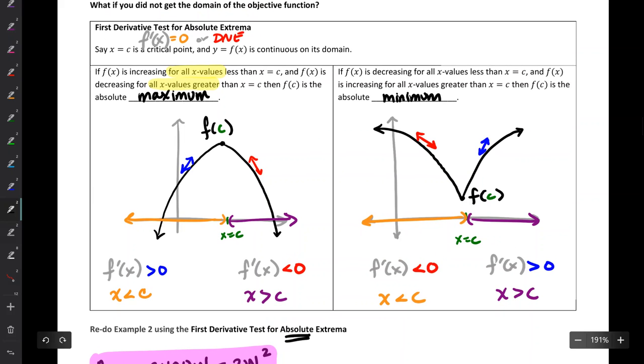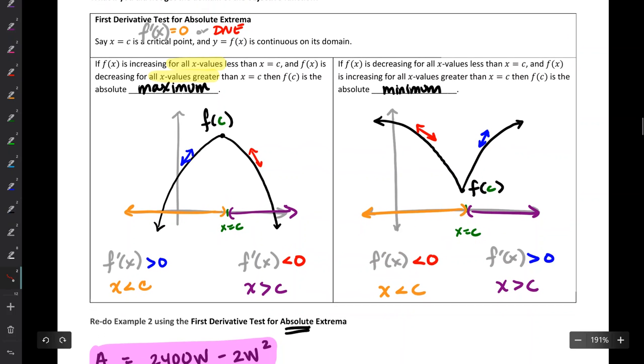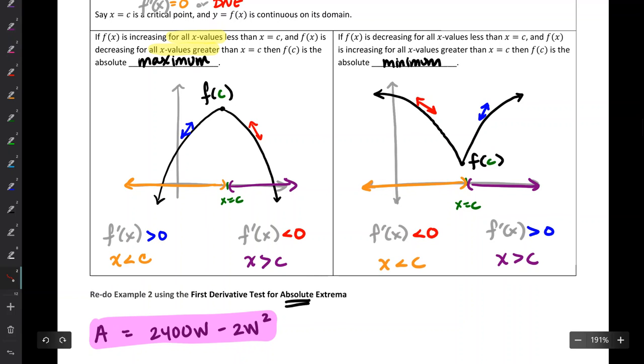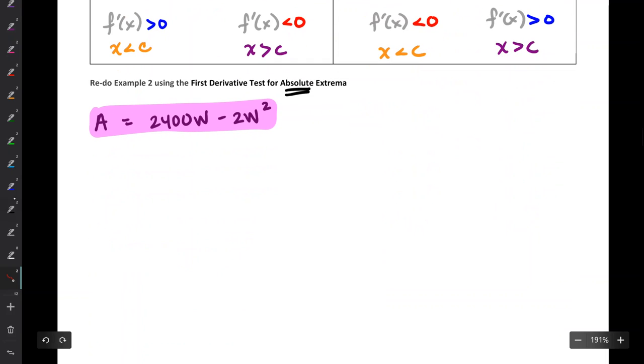I need to find the critical point, and then I need to do a sign test on either side of that critical point and verify that my function is in fact increasing for all x values less than that critical point, and then decreasing for all x values greater than that critical point. So here's A prime. The critical point, which we found already from above, let's just jump right into that. We got W is 600.